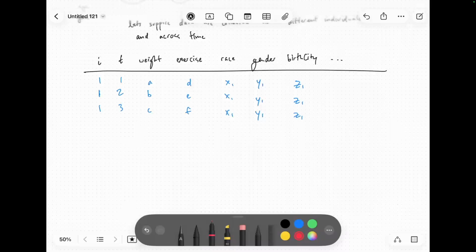And we're going to see kind of the same thing as we collect data from other individuals, right? So I'll just fill this in really quickly. For individual 2, we observe at time 1, 2, 3. And they have some weight that varies. So there's variation in the weight. There's variation in exercise. And then across these things, they are again fixed.